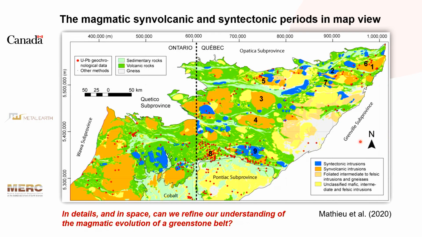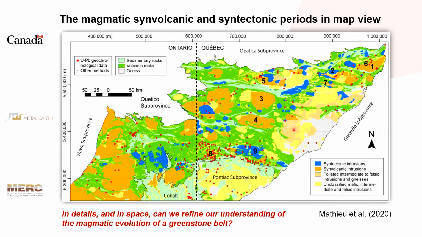There are a lot of them, and already with a simple map like that, you can see that their distribution is uneven, it's heterogeneous. For example, you've got more of these intrusions in the central part of the Abitibi, more in the eastern part, and on the western side as well, so along the edge of the Abitibi and in the central part.